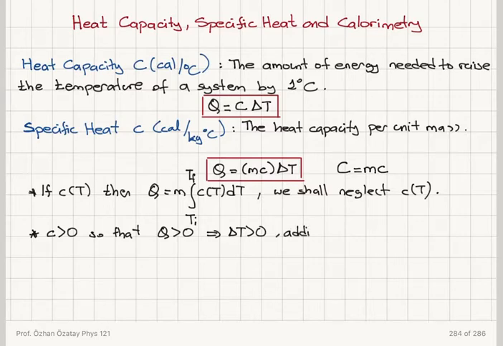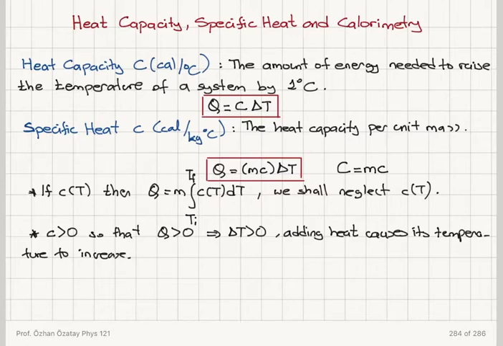Adding heat to the system causes the temperature of the system to increase. It's going to increase by a certain amount.